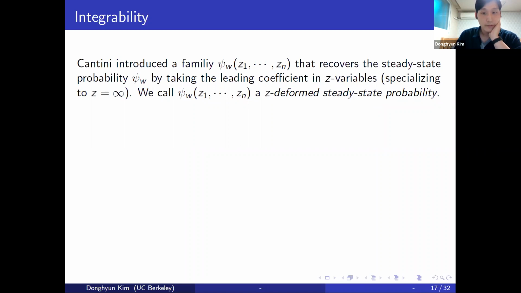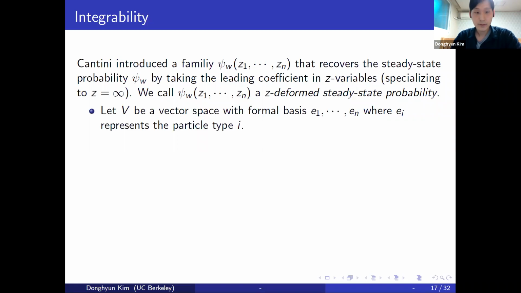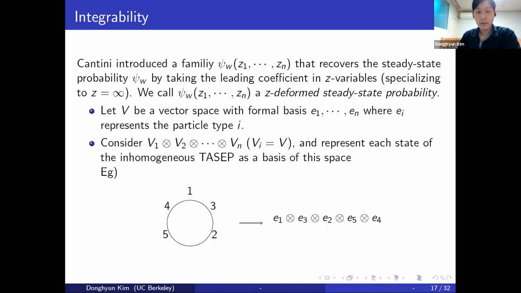And I'll summarize how we found that family. Let V be a vector space with formal bases e_1 to e_n, where e_i represents the particle type i. Consider the n-fold tensor product of V. We can represent each state of the inhomogeneous TASEP as a basis element of this space.